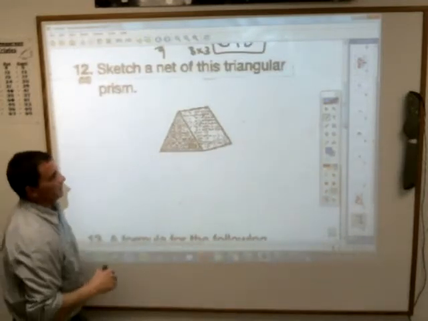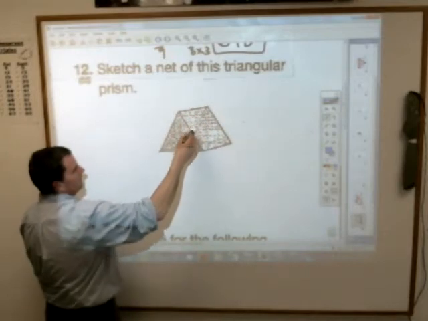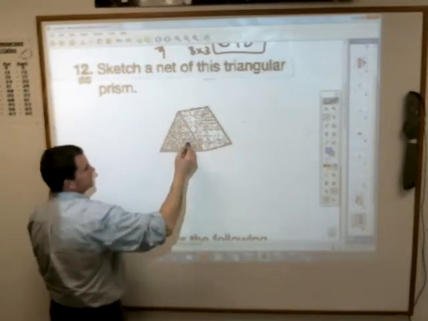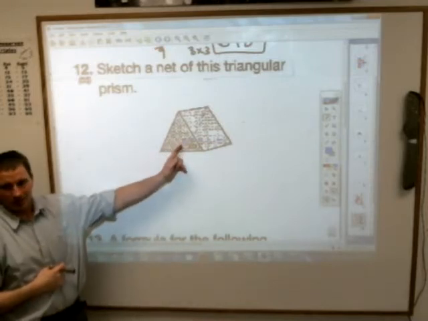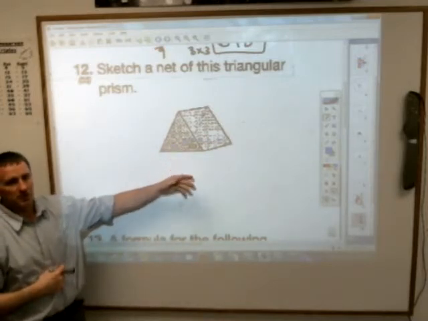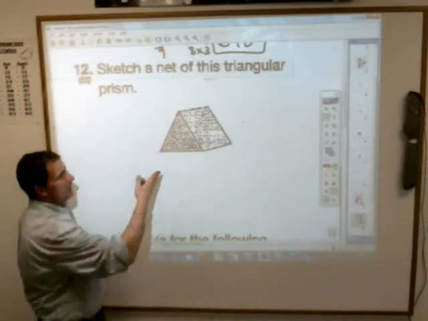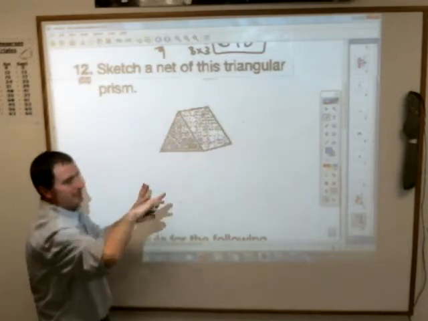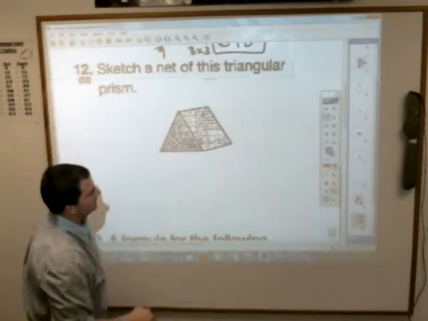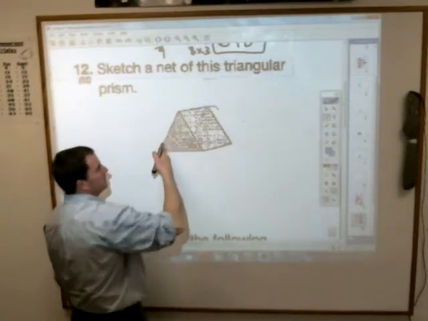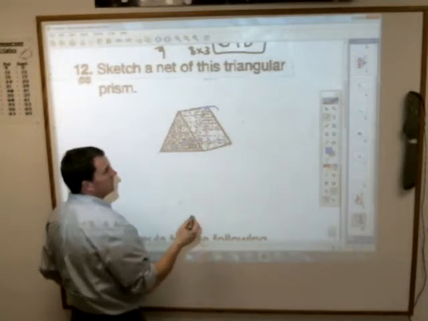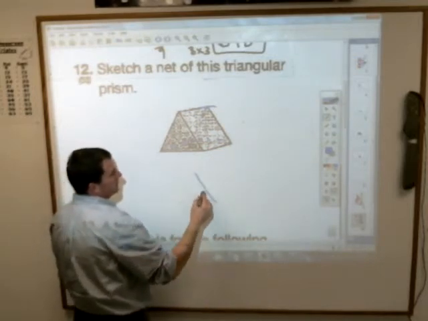It's a little hard to see in my thing, but again, anytime they ask you for a net, that just means if you had a triangular box like this, and you took a pair of scissors and cut down the seams and tried to make it lay flat, what would it look like? Well, you know, if you cut it right up here at the peak and cut it right here on the triangle and here on the triangle, there on the triangle, there on the triangle, it's going to lay out.